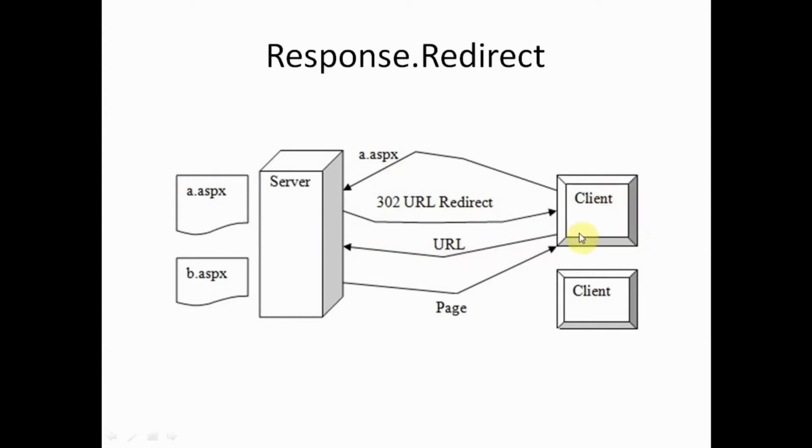So again client will pass the request for b.aspx page and server will send the response to the client for that particular page. Over here 302 code, that is the status code, is used to indicate that the response is for redirection. So this is the scenario which is to be considered when we use redirect method of response object.